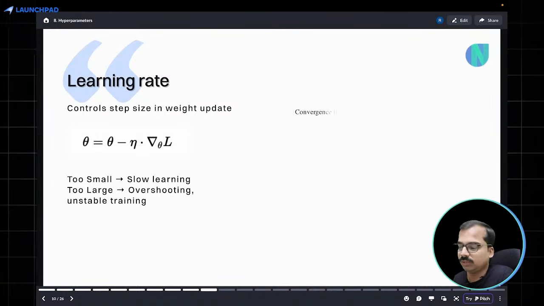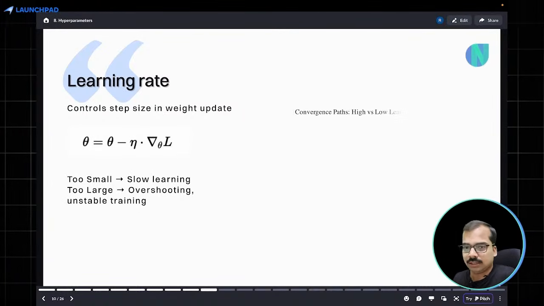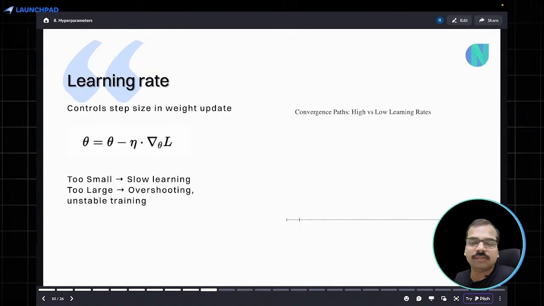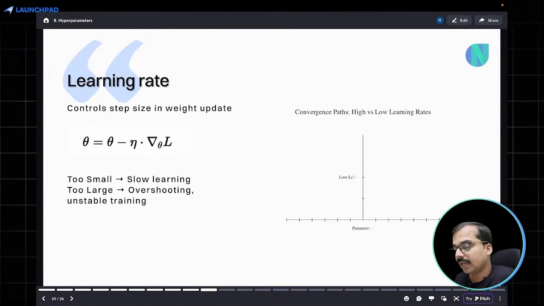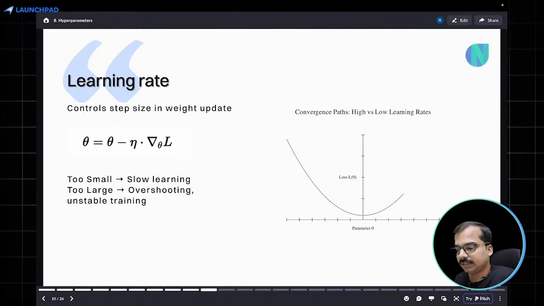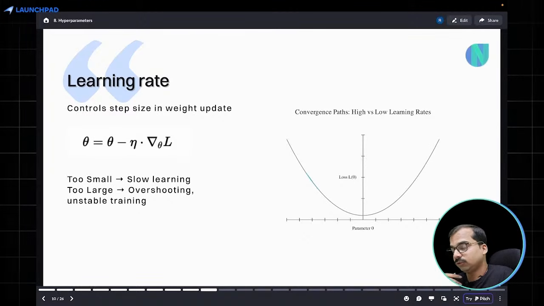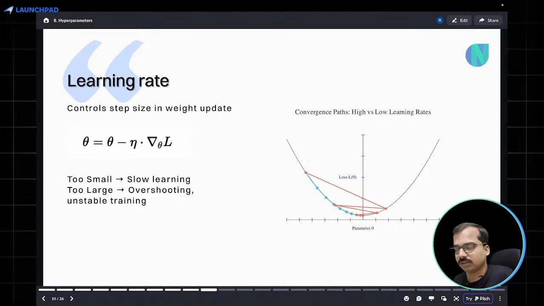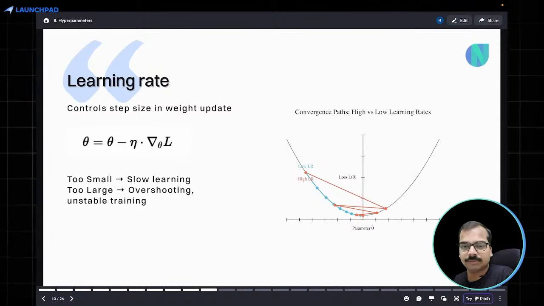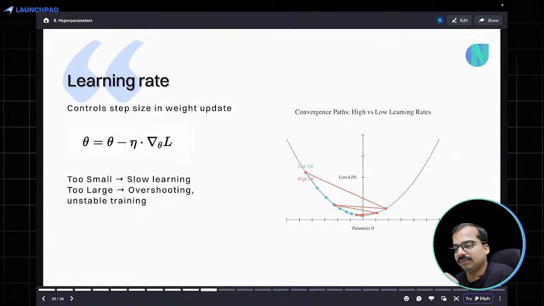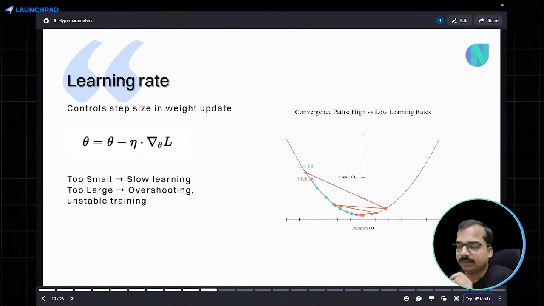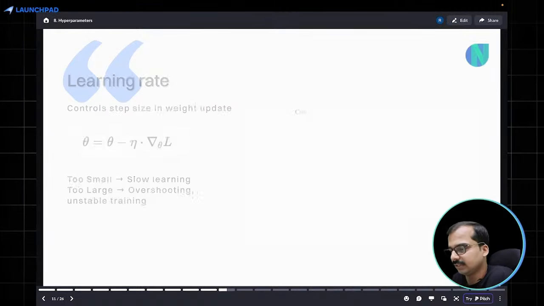If it's way too large, it will start going away from the minima. And if you have a very small learning rate, then it might take so many steps, like 300, 400 epochs or thousands of epochs, and it still is not reaching the minima. So you have to have a decent number for the learning rate.